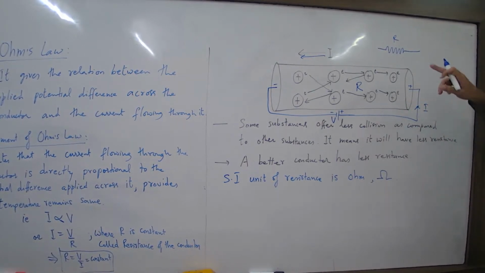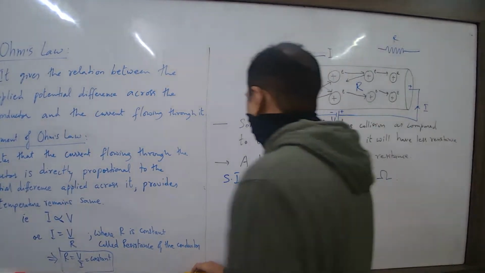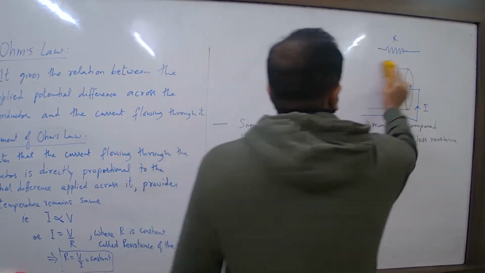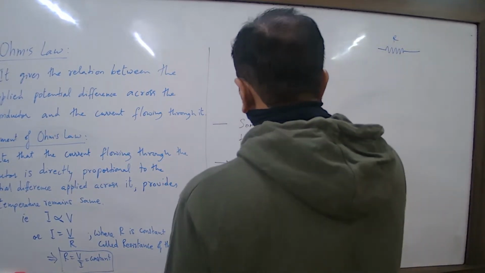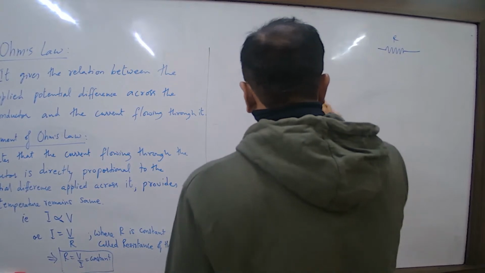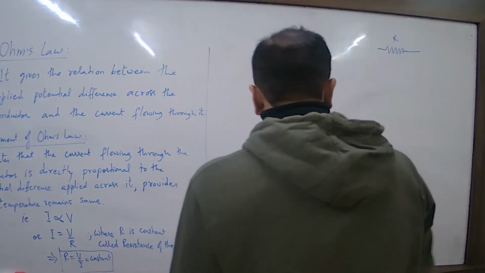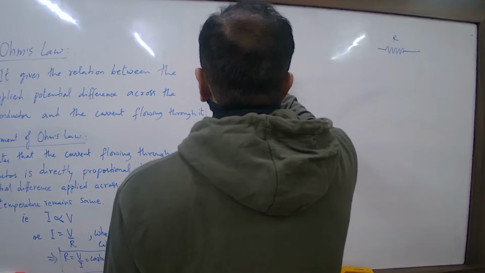The same conductor is represented as R, because every conductor has resistance. Let's now do the experimental verification of Ohm's law.